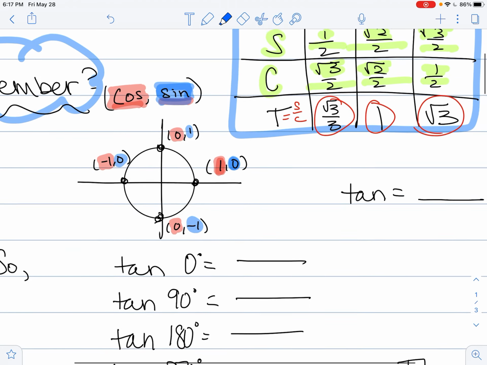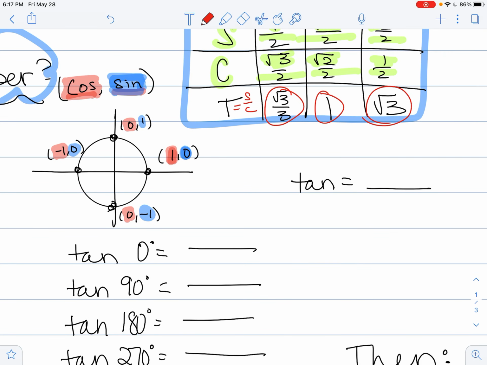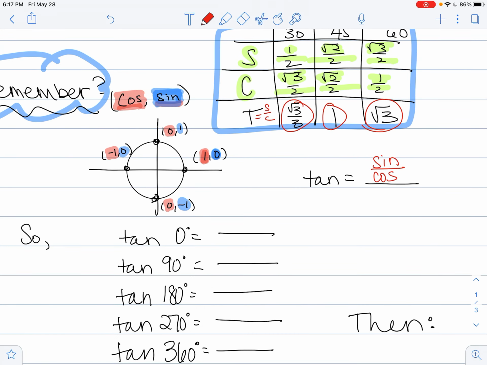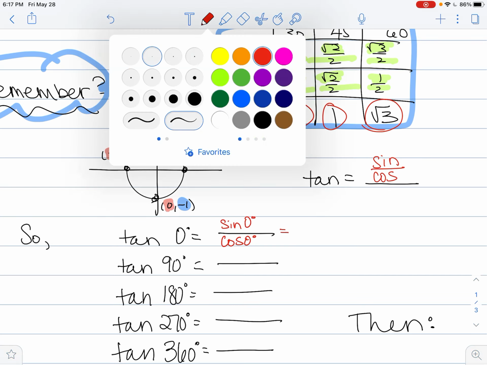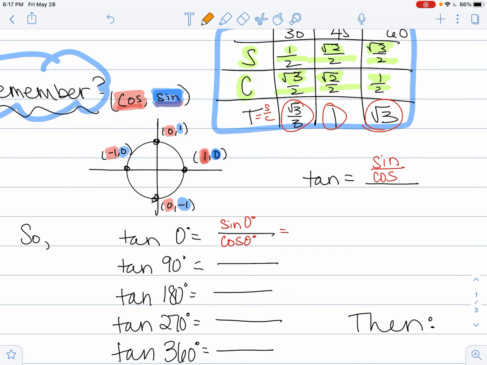So we're going to use these in conjunction to talk about, remember, that tangent is sine divided by cosine. So tangent of 0 is like saying the sine of 0 degrees over the cosine of 0 degrees. I know the sine of 0 is 0 and the cosine of 0 is 1, which is 0 divided by 1, just 0, and that's fine.